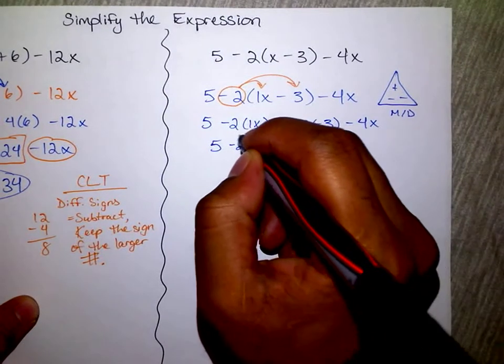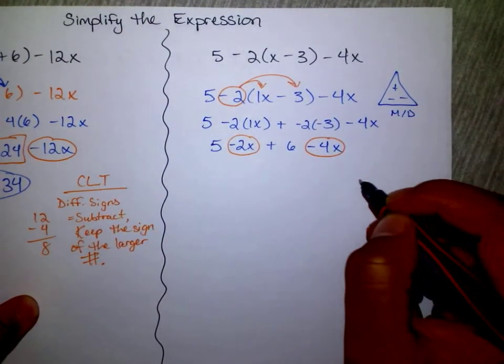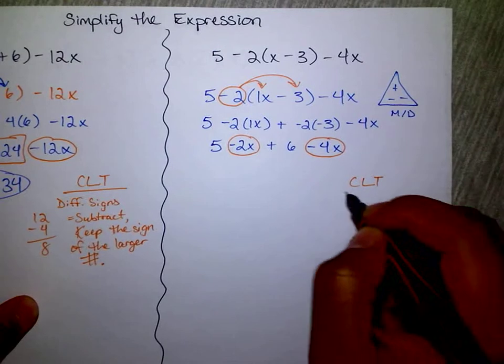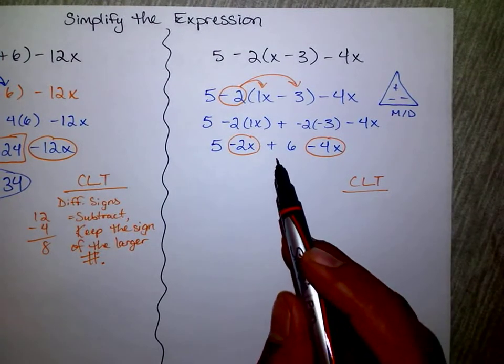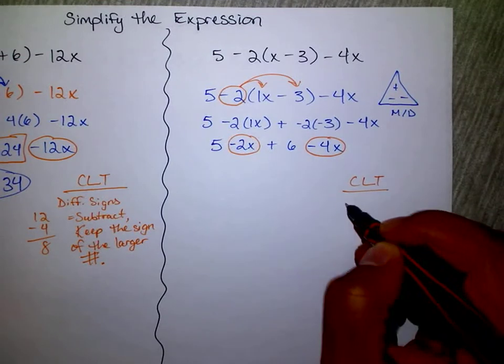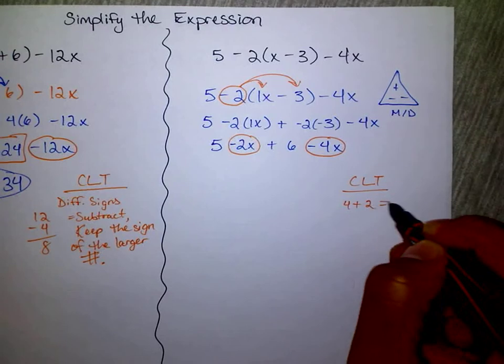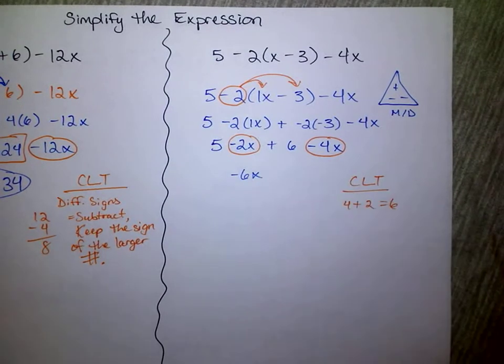We have a negative 2x and we have a negative 4x. Combine like terms. Like signs, add them up. Different signs, subtract. Well, these are both negative, so that makes them like. We're going to add. 4 plus 2 is 6, so that's going to give us negative 6x.